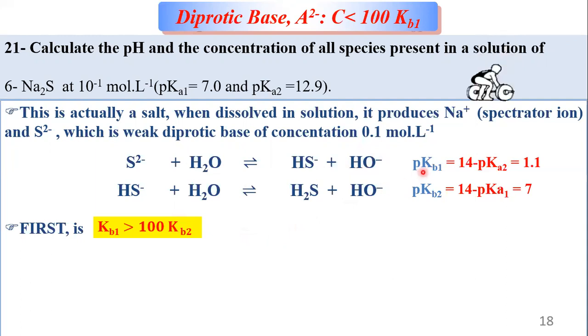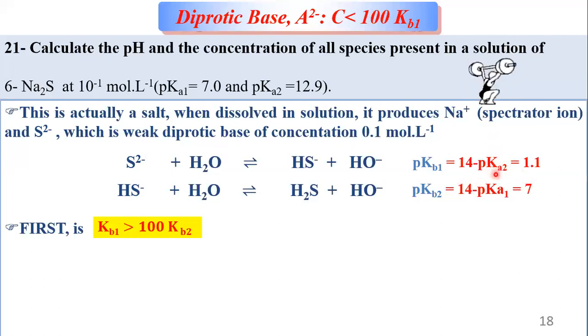Where do I get the Kb1? Well, from pKa1 and pKa2, and actually the pKb1 will be 14 minus pKa2. Why? Because this species pair, H2S and S2 minus, is from the Ka2 expression for the H2S.